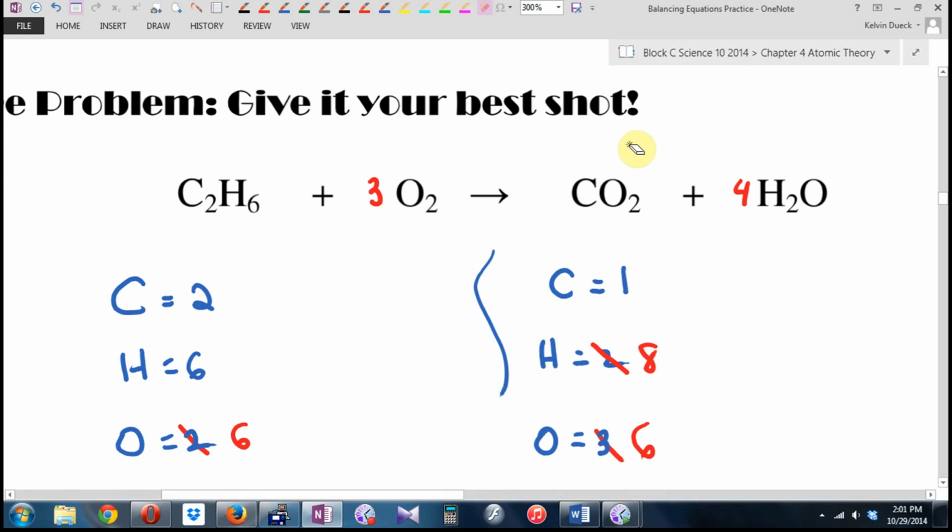Do I want to try the hydrogens or do I want to try the carbons? 8 and 6 are kind of yucky, although maybe I could turn them into a 24. I'm almost ready to give up and check the answer, but not yet. What can I turn a 6 and an 8 into?